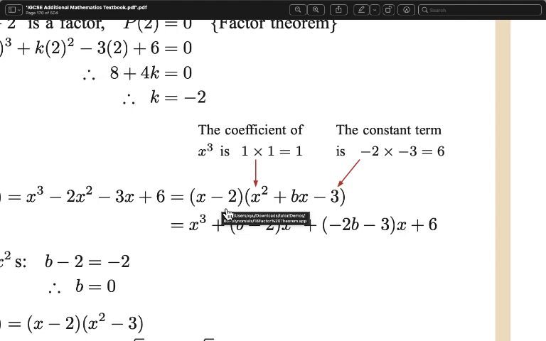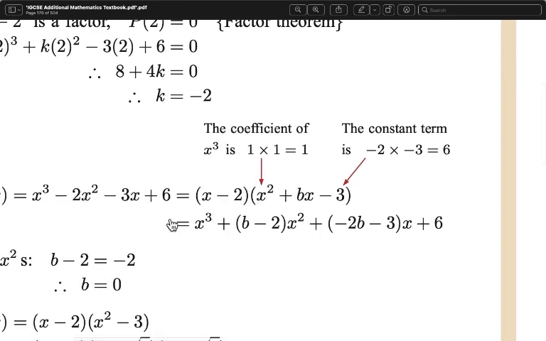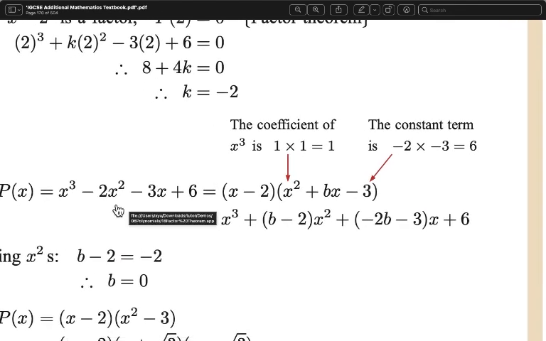The coefficient of x squared can be obtained by multiplying b x with the x in the divisor, and can also be obtained by multiplying the x squared with the minus 2 constant. So when you add them together, you will get minus 2 for the coefficient in front of x squared.